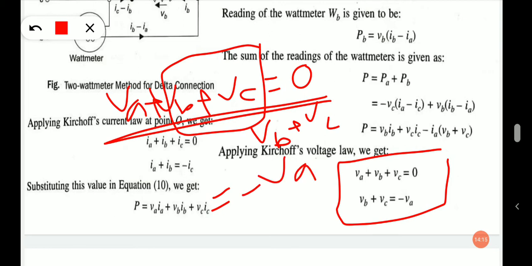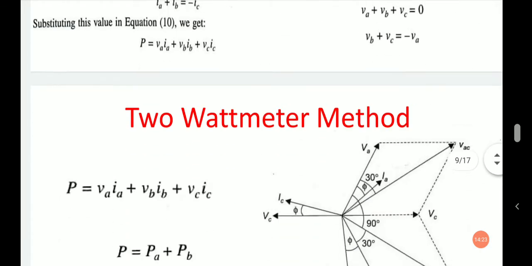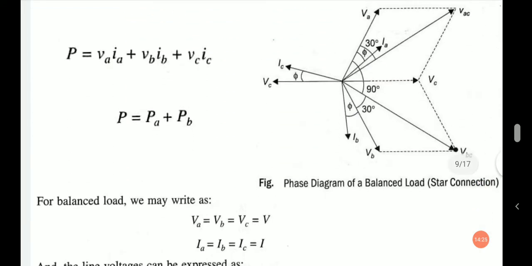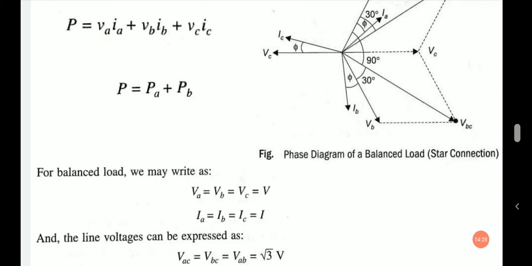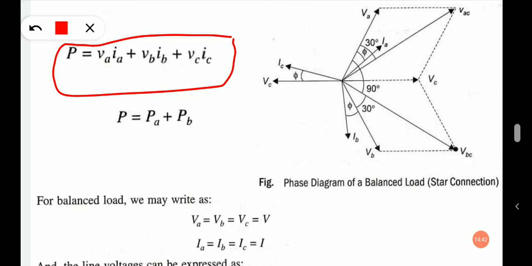If we substitute this in the expression of power, then we will get P equals VAIA plus VBIB plus VCIC.